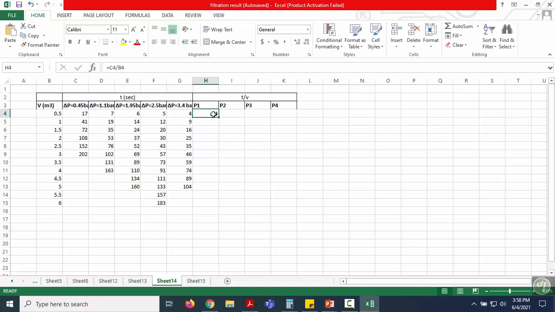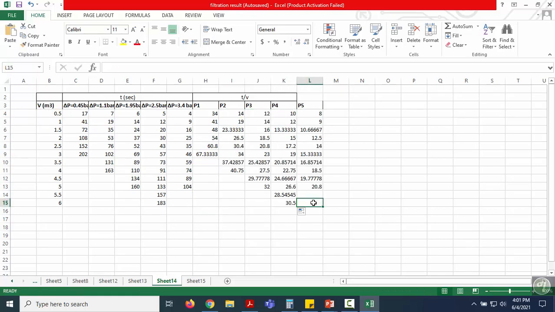If you do the same for all, then you will find this equation here. So finally, you will find this data. For each delta P, when you divide t over V, you will find this data.